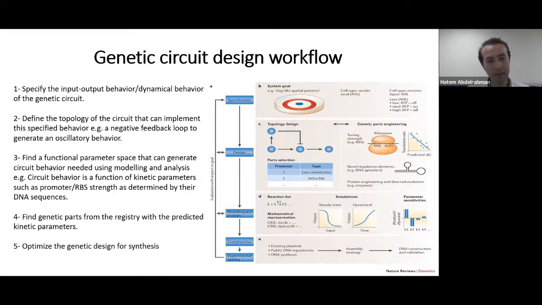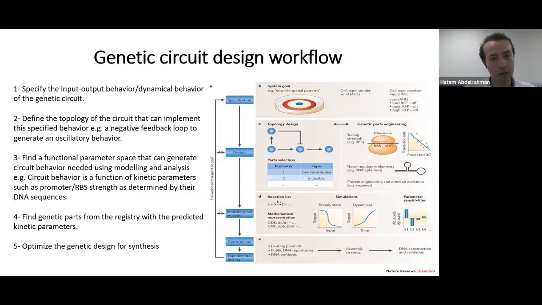So this is a basic workflow of how to design a genetic circuit. You start again with the specification. You specify the input-output behavior of the genetic circuit. And also, if you are thinking about dynamic circuits, you can specify the dynamical behavior. For example, an oscillator has a period, an amplitude, and also a frequency of oscillation. So simply, you specify how your genetic circuit should work.